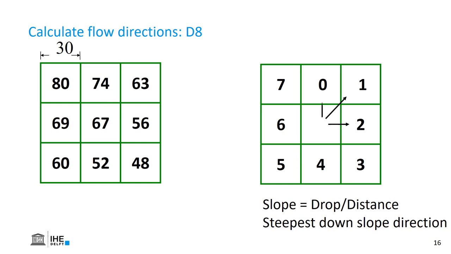Now the question is, which direction are we going to assign to this center pixel? We know that we can calculate the slope by evaluating the surrounding pixels of the center pixel by calculating the delta z over delta x, the drop divided by the distance. And for the D8 algorithm, we assign then the direction of the steepest slope. So you need to look at this and select one of the direction values that are displayed on the right side of this slide.